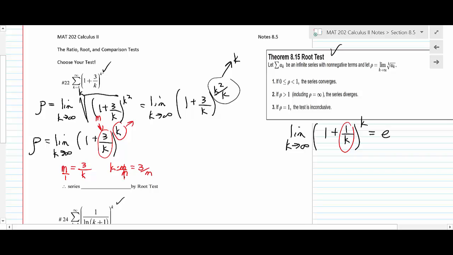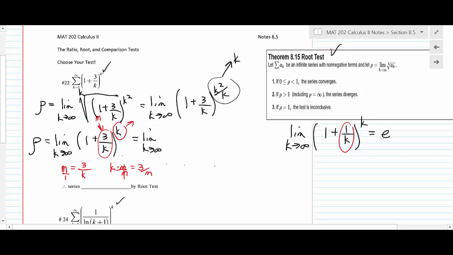Okay, so what I'm going to do is change this. Sorry, that's not what I intended.